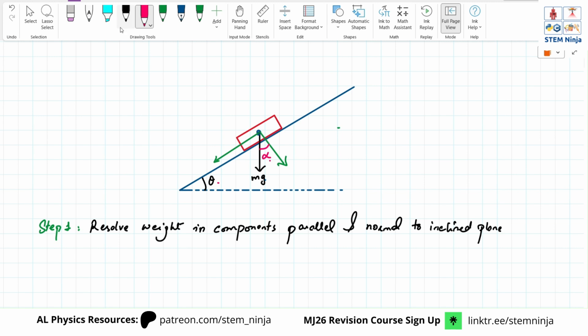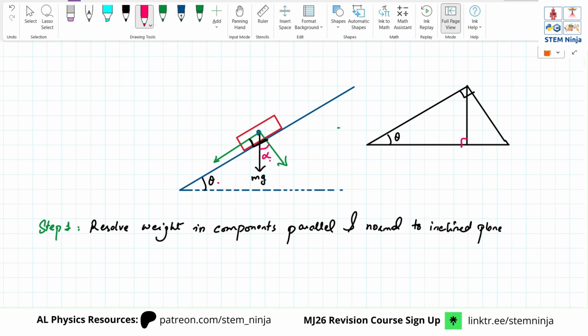Those of you who have studied IGCSE mathematics can see that this entire angle is 90 degrees. If I redraw this separately, this is 90 degrees completely, and if this is our theta, and this mg is going straight down like this, it's all a matter of proving similarity.